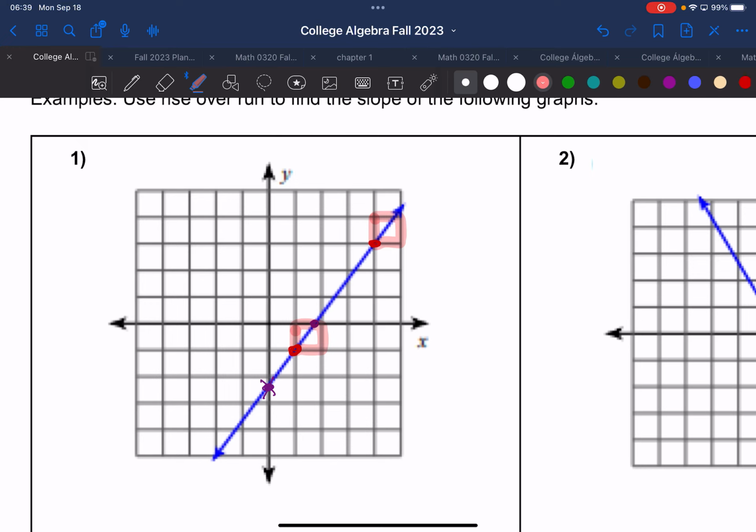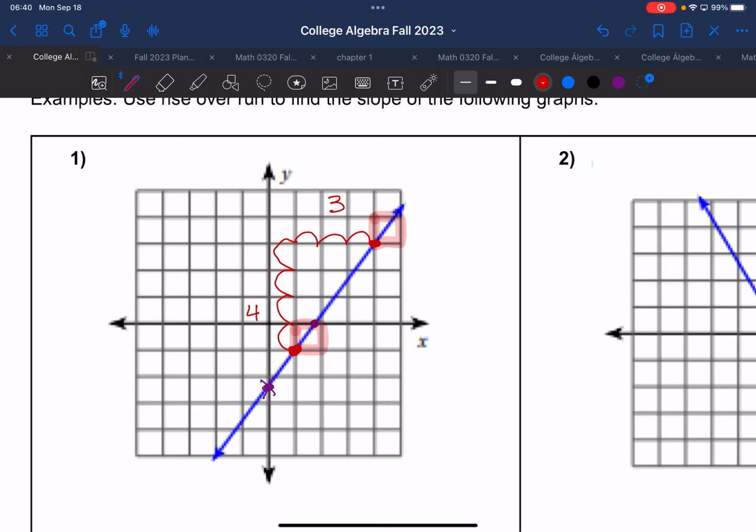Okay. So what we're going to do here to find the slope using rise over run is we're going to take these 2 points, so the ones that I have in red, and I am going to see how far up this point goes. So for example, this goes 1, 2, 3, 4 up. Up is positive on the y, so I'm going to write a positive 4. And then in order to meet my other point, I'm going to run 1, 2, 3.